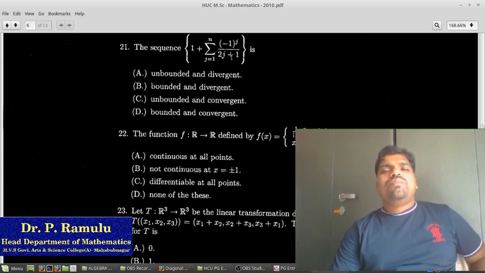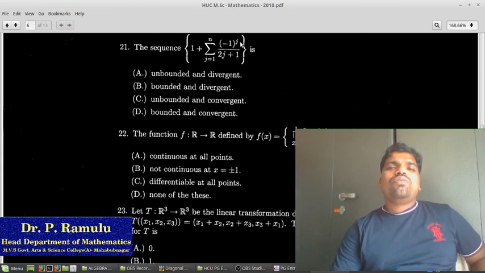The sequence 1 plus summation j equal to 1 to n of minus 1 whole power j by 2j plus 1. You can observe here it is in the form of summation of minus 1 whole power j by 2j. It is an alternating series. Let me test which converges. This converges.